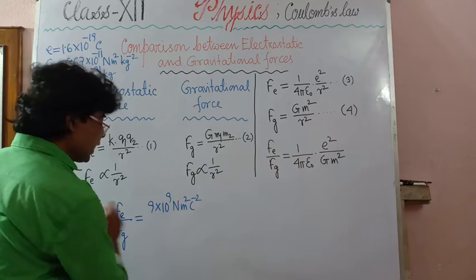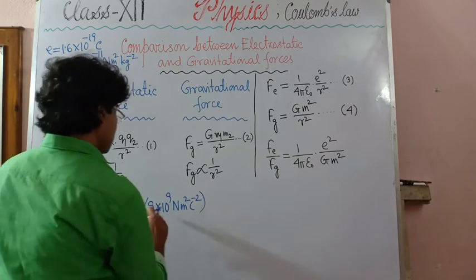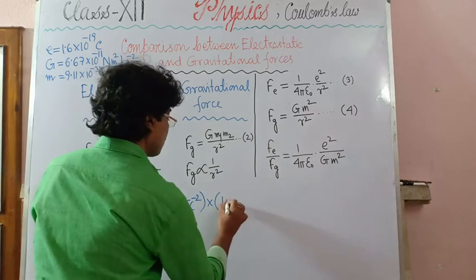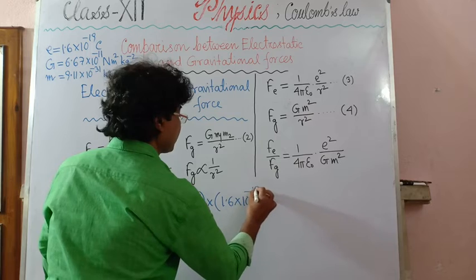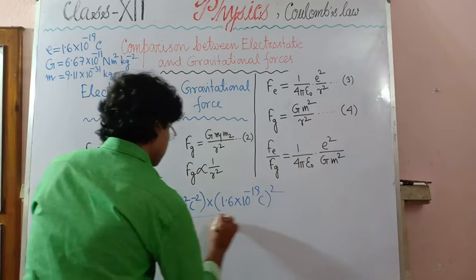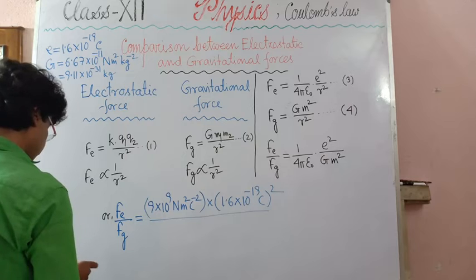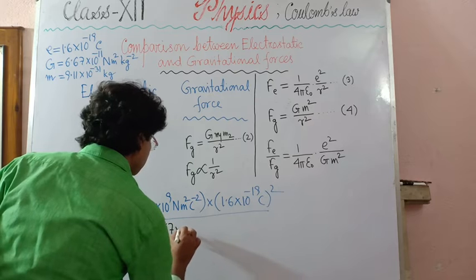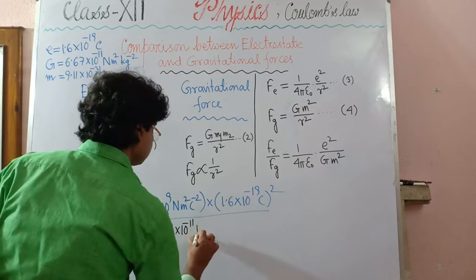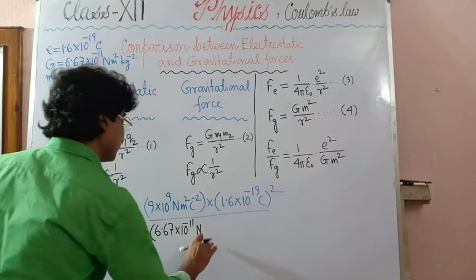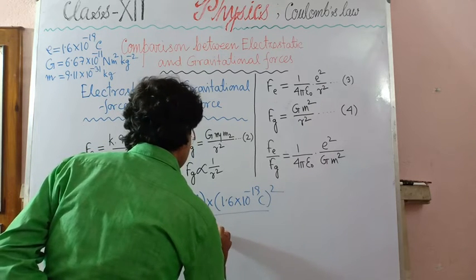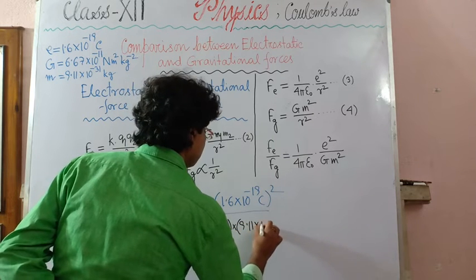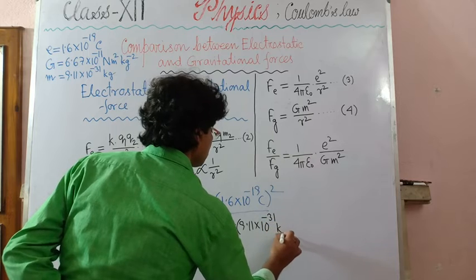So, Fe by Fg equals 9 into 10 to the power 9 Newton meter square per Coulomb square into 1.6 into 10 to the power minus 19 Coulomb square by 6.67 into 10 to the power minus 11 Newton meter square per kg square into 9.11 into 10 to the power minus 31 kg square.